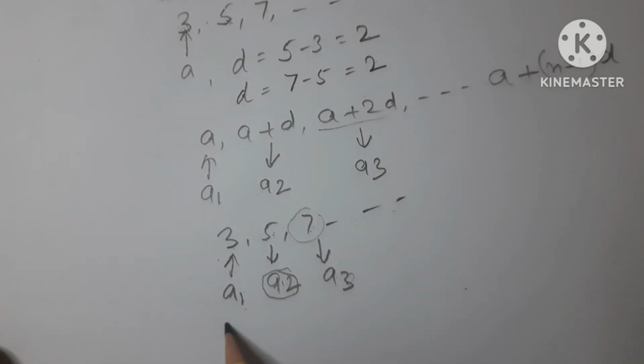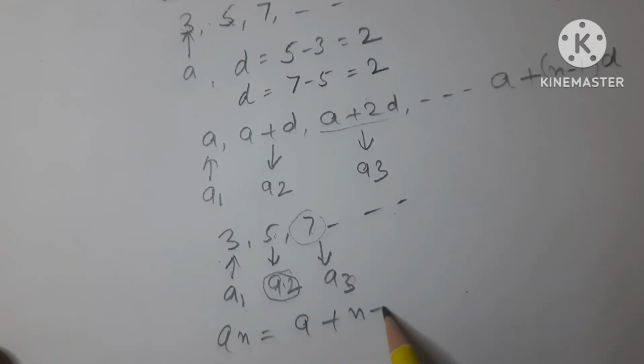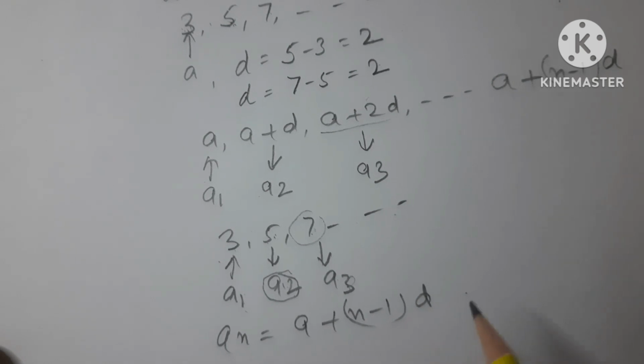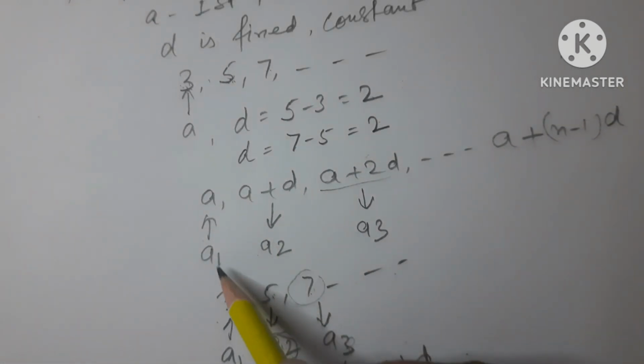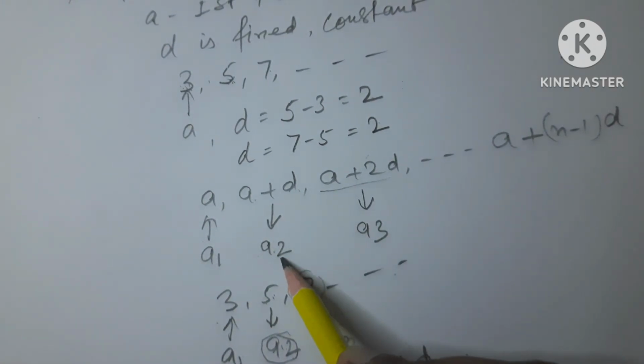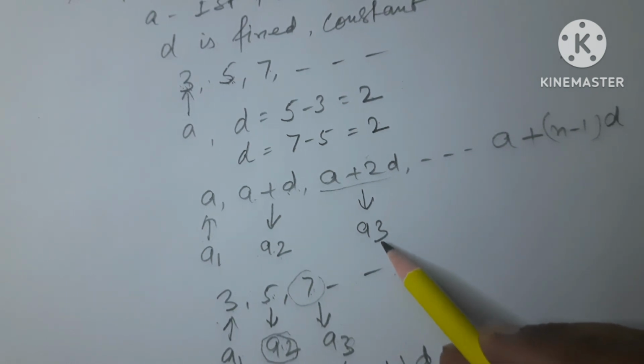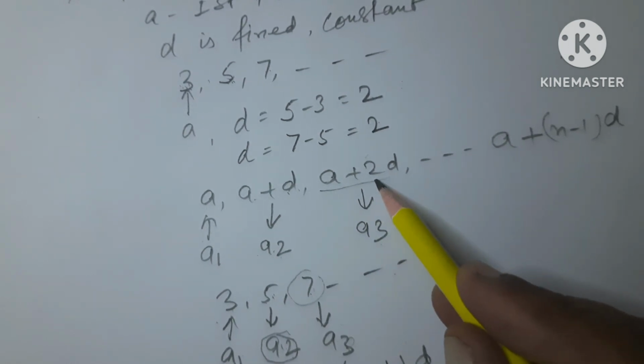So the general formula we will write: an is equal to a plus n minus 1 into d. One more important thing. a2 is a plus d. The term is 2 and d is single. a3, the third term, but d is 2.